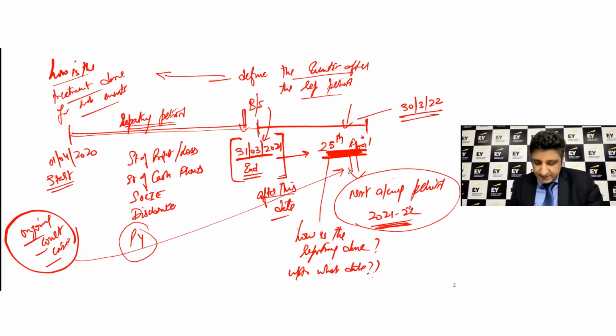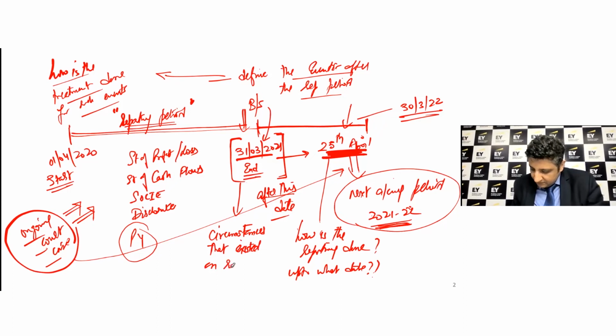What is important is that something that had been in existence since long, even during the reporting period, there were circumstances that existed on the reporting date of this event.